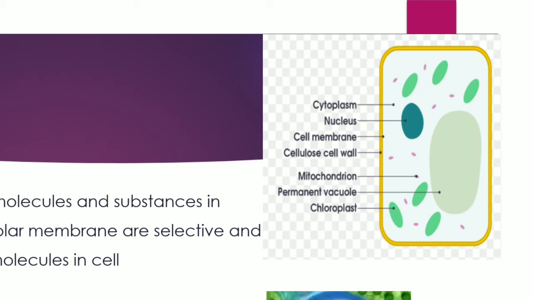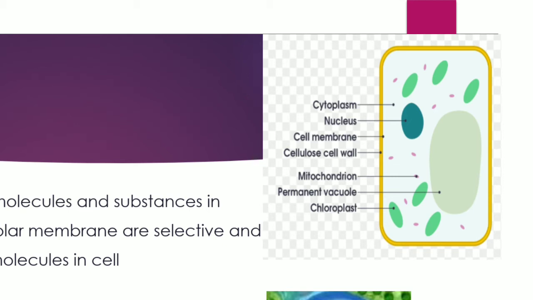And the third one is the cellulose cell wall, which is a dead material and it is permeable to almost all substances, that is, water and other substances can diffuse directly without any selection.